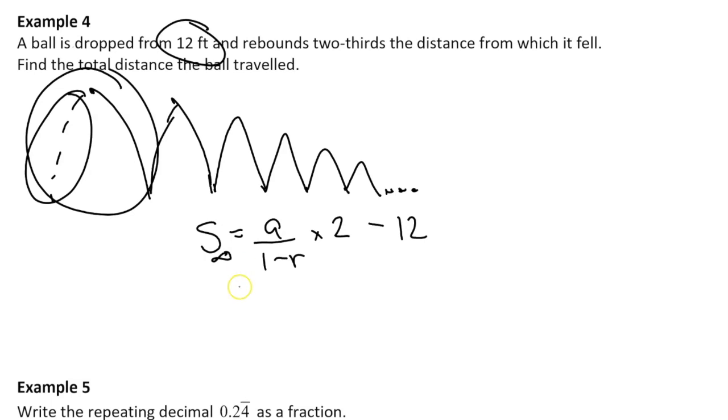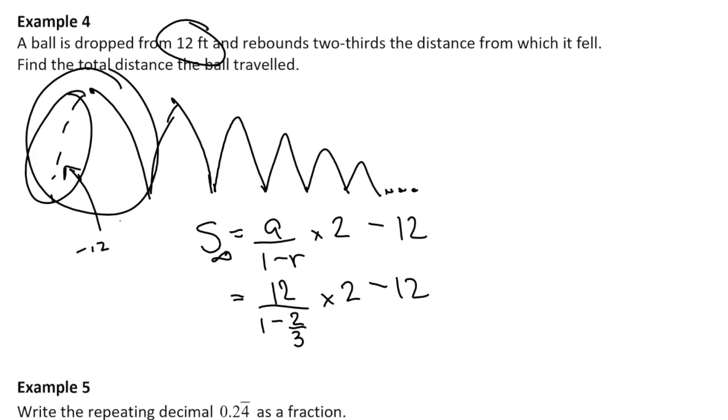Okay, so given something like that, we could say our first term is 12 and our common ratio is 2/3. And then we need to double our answer to get the up and down bounce, but we can't double count this. So we have to subtract the 12 from right there. And so if you do something like that, you would say 12 divided by 1/3, that should give you 36, I think.